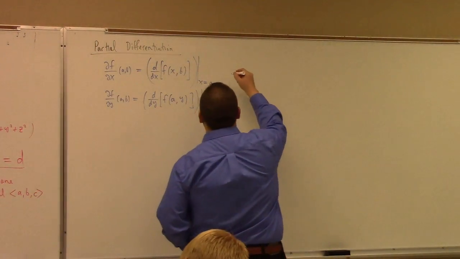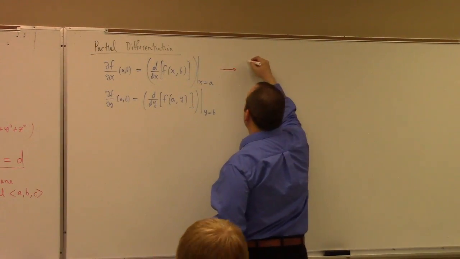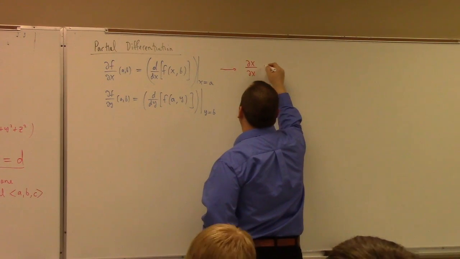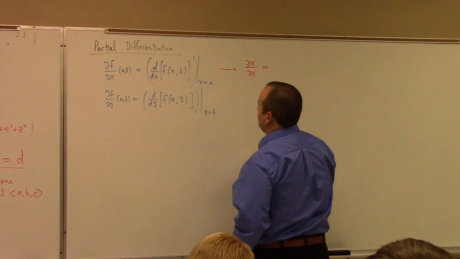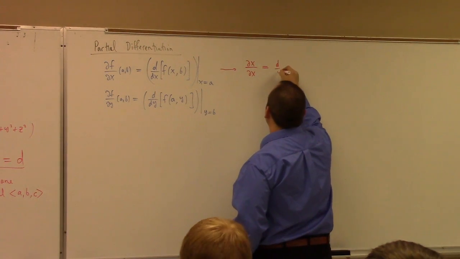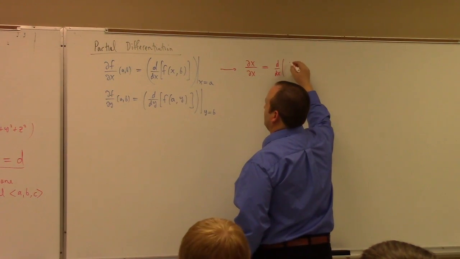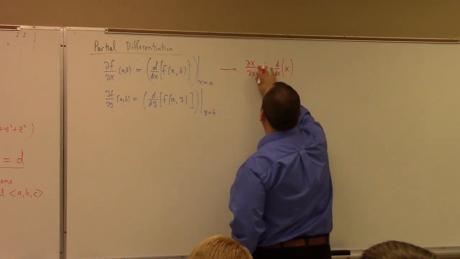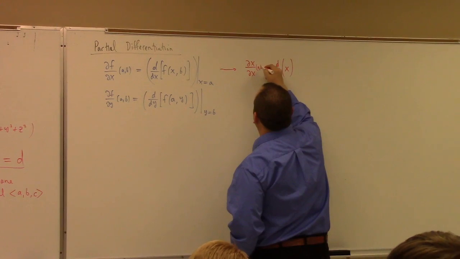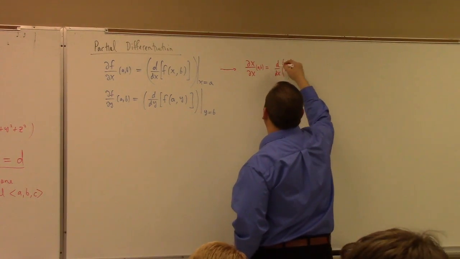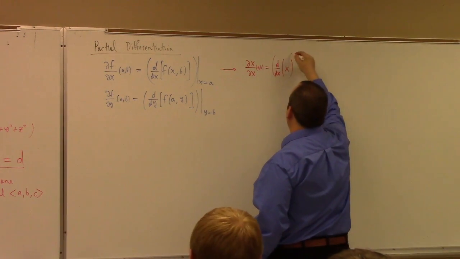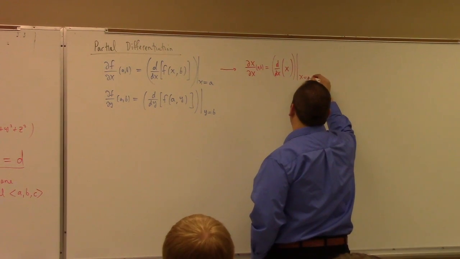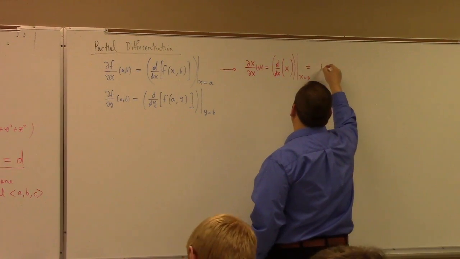It's immediately true from these definitions that if I look at, for example, partial x of x, I get d/dx of x, which is the number 1.